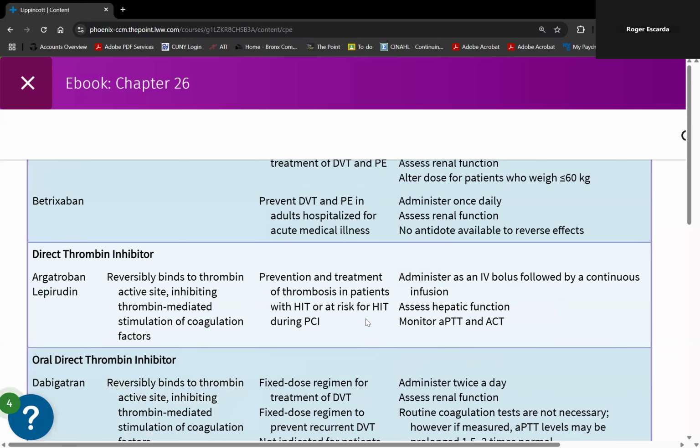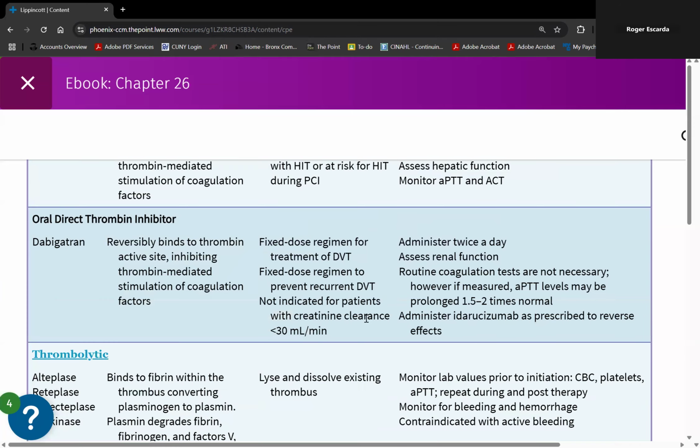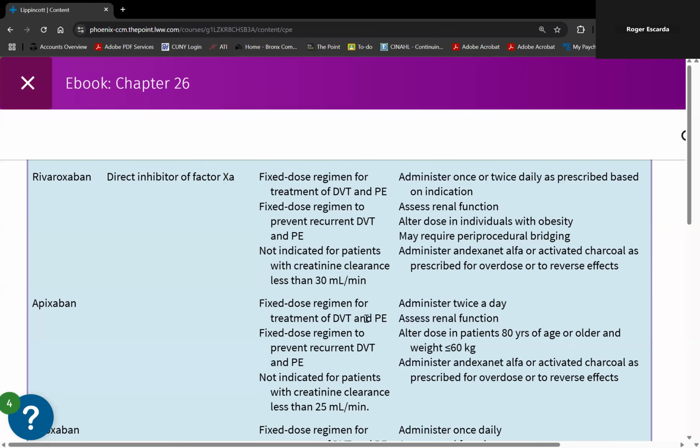So high risk for bleeding. In fact, I've only seen this in the textbook. In practice, we had so many patients that overdose. We typically just monitor for bleeding. And if they are bleeding, we give them plasma.